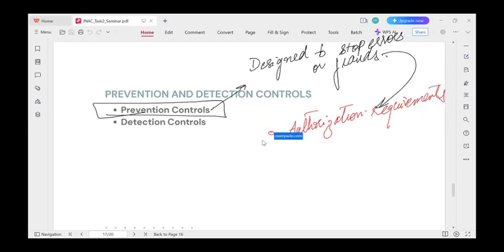So in authorization requirements, for example, a manager must approve all expenses above $500. Okay, so you have given them an authorization limit. Another example can be access controls. So, for example, only the finance team can access the accounting software.